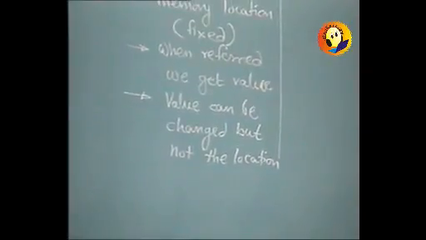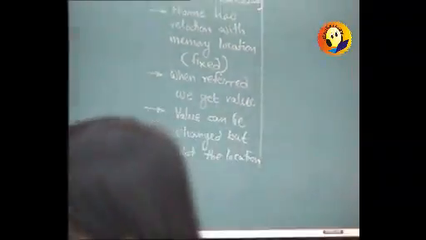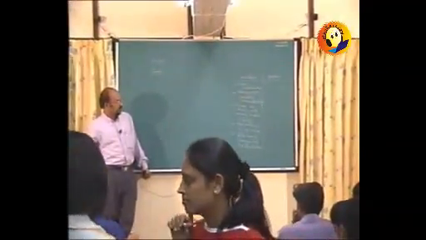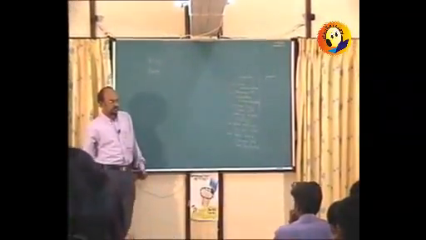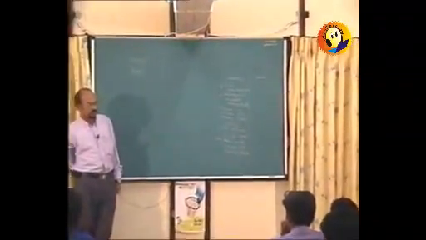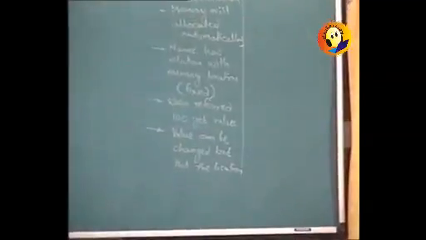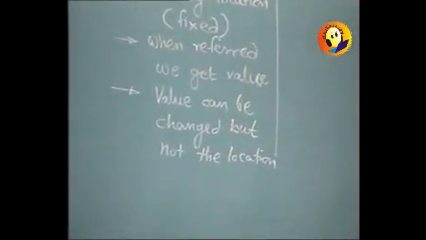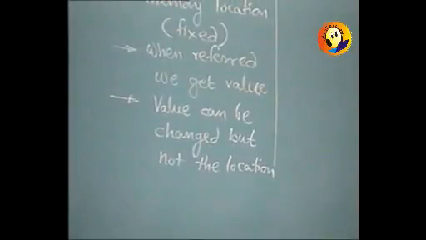The value of that particular identifier can be changed, but you cannot change the memory location which is associated with it. Right? Anything else? You know these points or you don't know them?